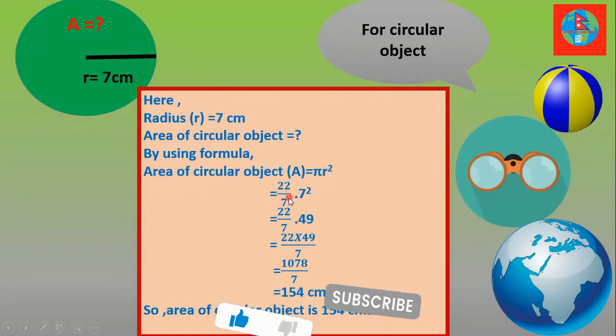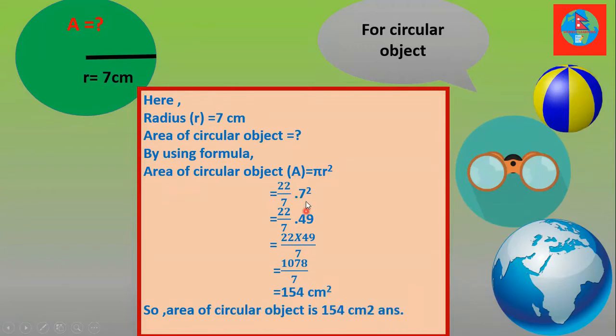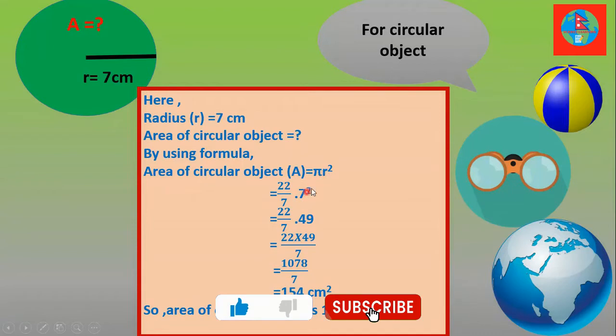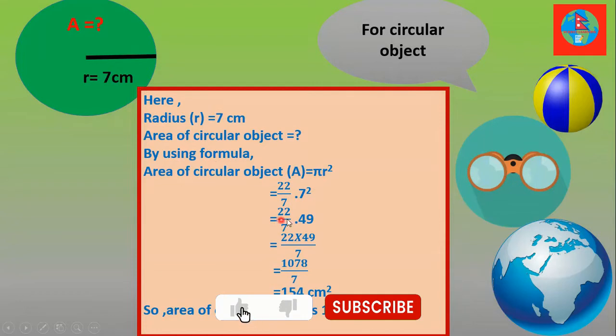Write it here: 22 upon 7 into, the dot represents multiply, the value of r, 7 square. Similarly 22 upon 7 into 7 into 7, 49.